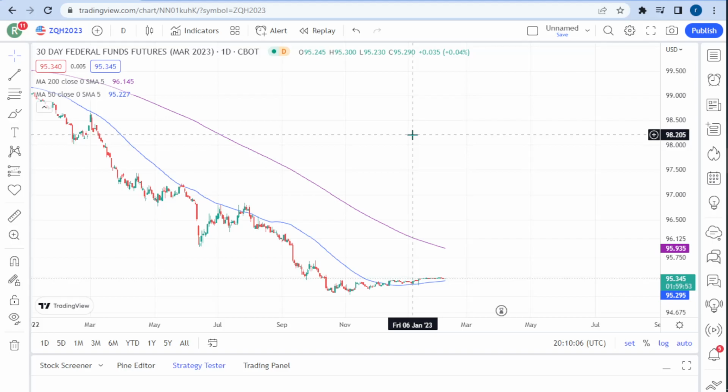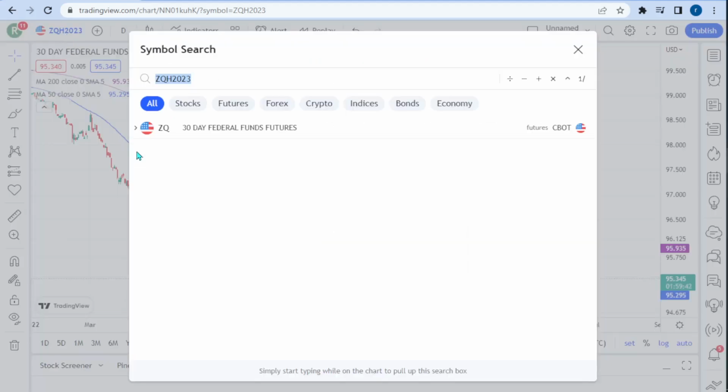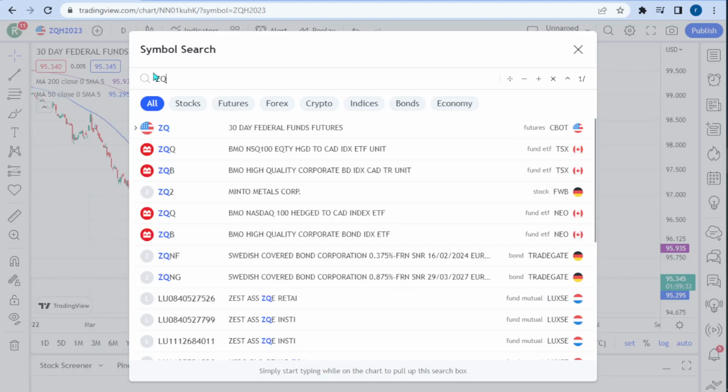So I want to talk about the Fed Funds Futures and how you can read into this by going into TradingView and then looking this up. I want to just talk about futures in general. When we're talking about futures, we have a ticker symbol, and then we have a month, and then we have a year. So ZQ, if I just type in ZQ right here, that represents the Fed Funds Futures.